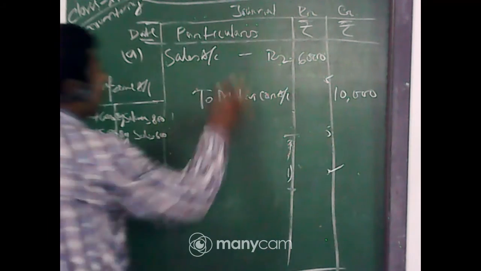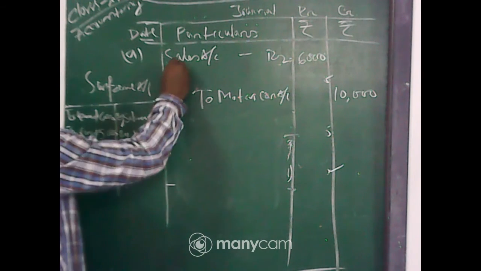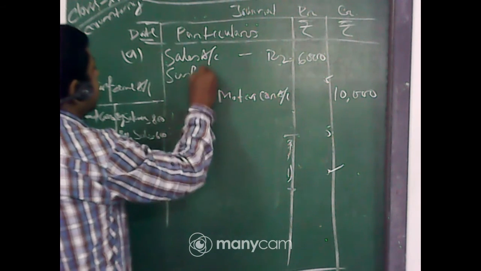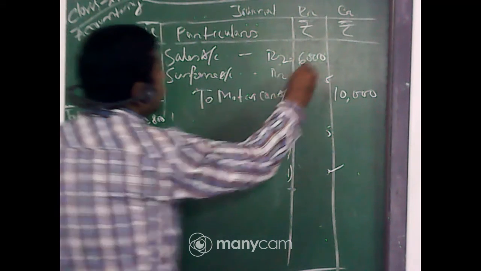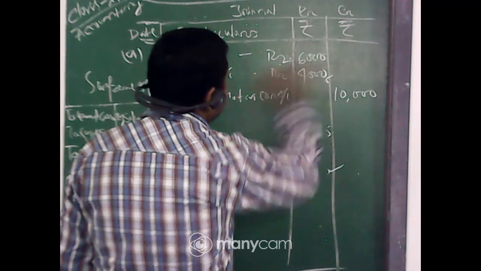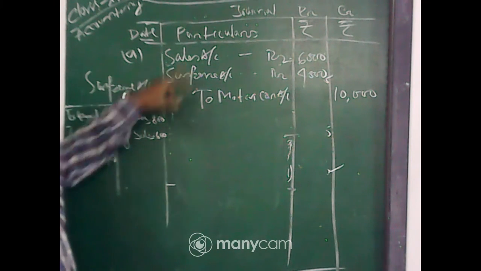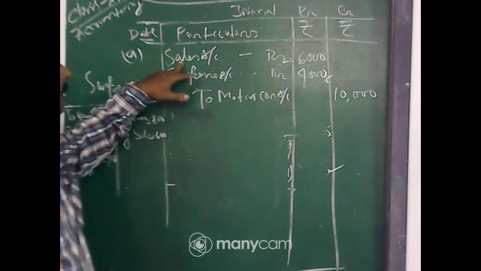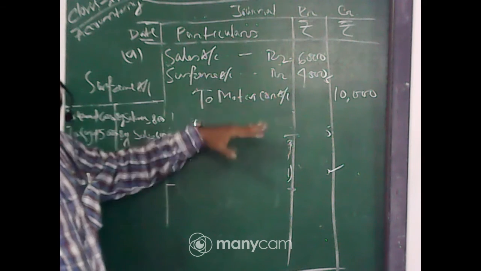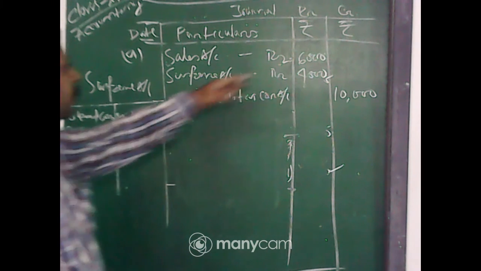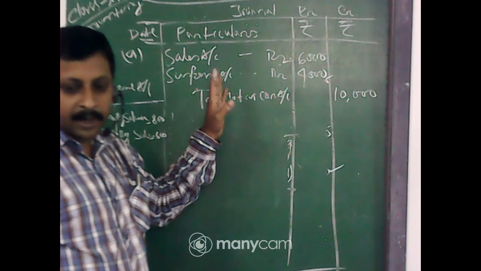But here you can see the debit does not match the credit amount, so you have to use the suspense account. Suspense account will be debited rupees 4,000. We debited sales to nullify the wrong credit of 6,000, but the motor car credit is 10,000. If they had credited 10,000 to sales, we would debit 10,000 and the journal would be finished.